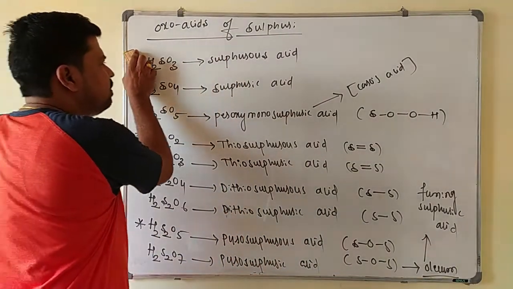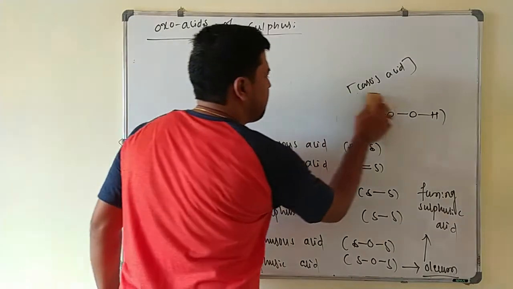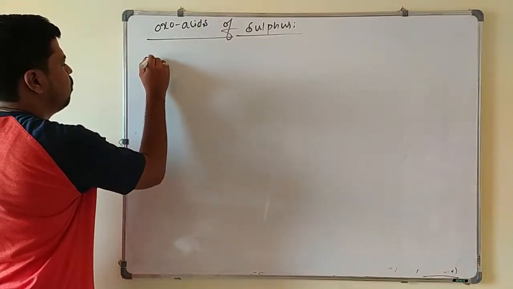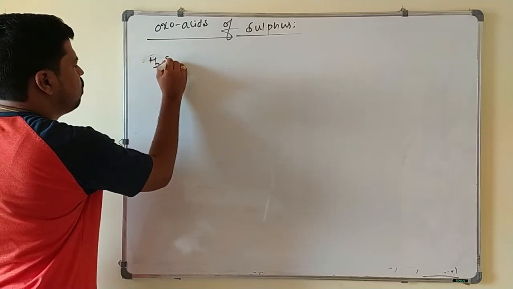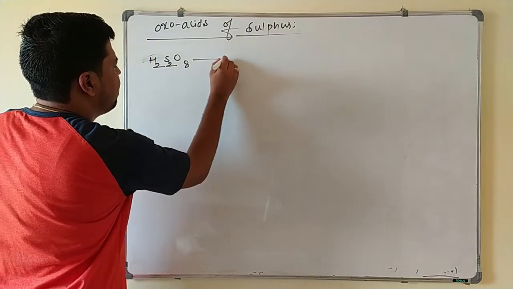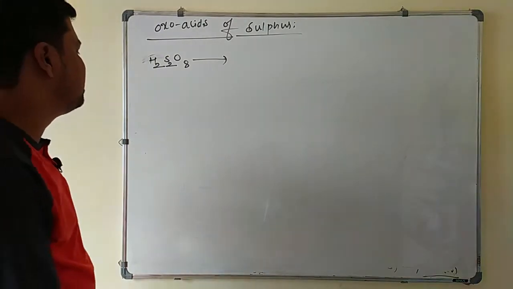Okay, next one. I'll write the formula H2S2O8. This is without star mark, which means it is ic acid.